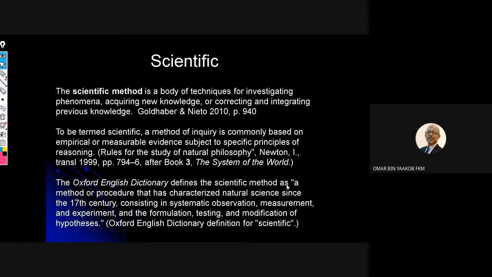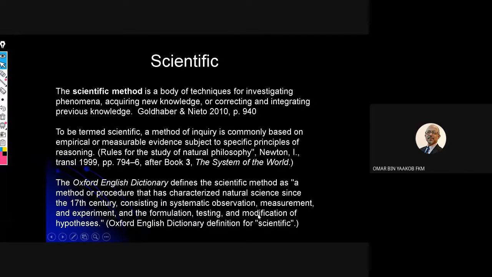And then to be termed scientific, a method of inquiry is commonly based on empirical and measurable evidence, subject to specific principles of reasoning. Okay, and the Oxford Dictionary defines scientific method as a method of procedure characterizing natural science since the 17th century, consisting of systematic observation, measurement, experiment, formulation, testing, and modification of hypotheses. So we see that when we say it is scientific, it involves a few things.